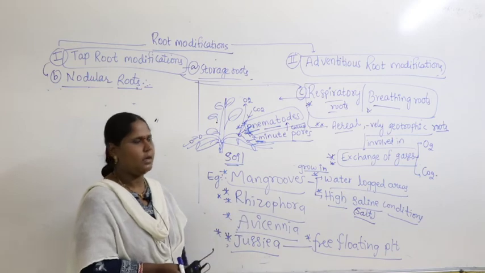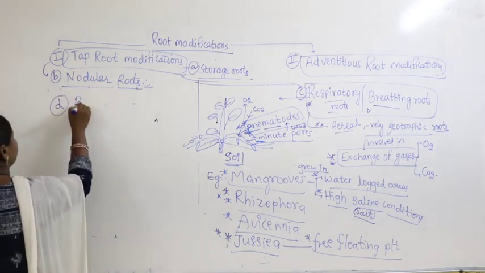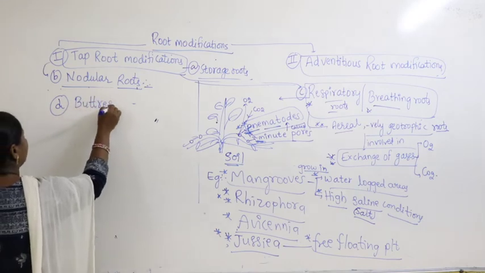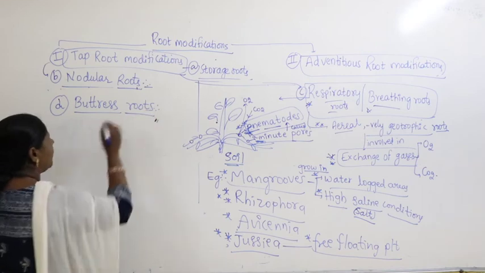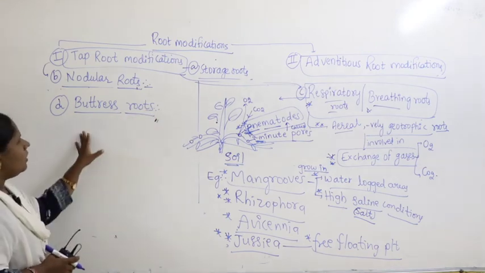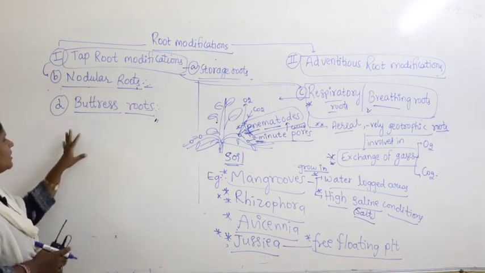Examples are important. Now the fourth one is buttress roots, or what we call plank roots. What are these types of roots?